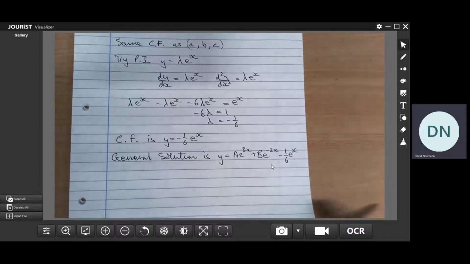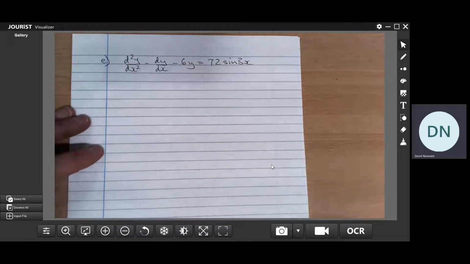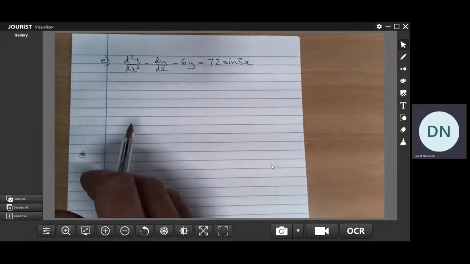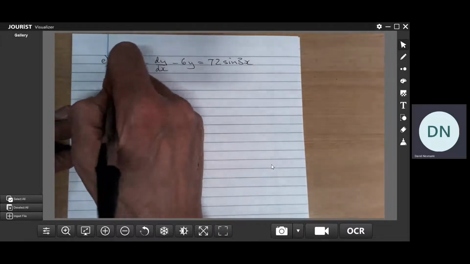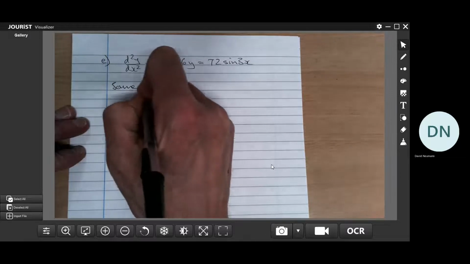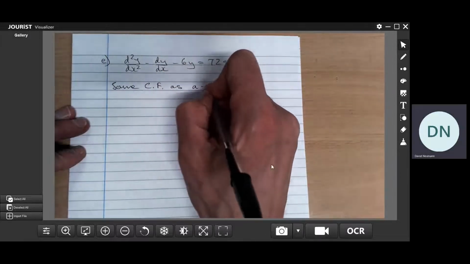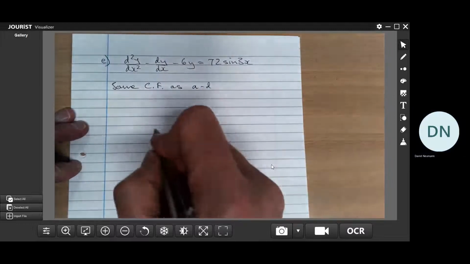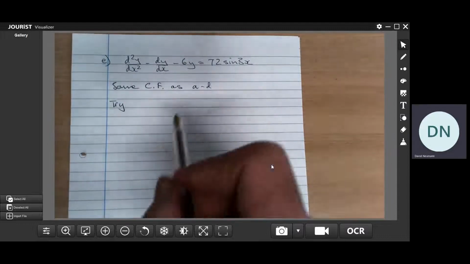The final example we're going to go through here, again related, has a trig function on the right hand side. Again, same CF as before.